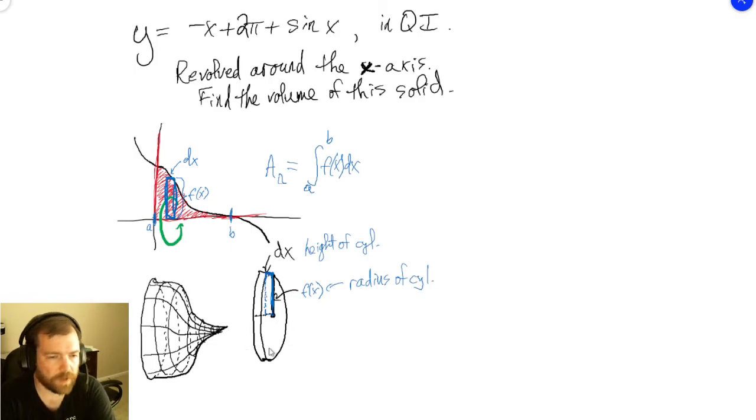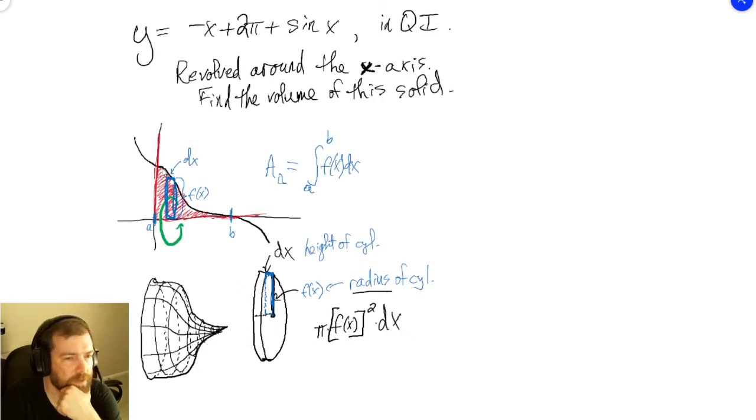So how do we get volume for a cylinder? Well, that's going to be pi r squared, the area of the face, times the height, which in this case is dx. So we end up with pi times the radius f of x squared times the height of the cylinder, dx. And now we're going to take that over all of the possible cylinders that we can make from a to b, which means we can integrate.